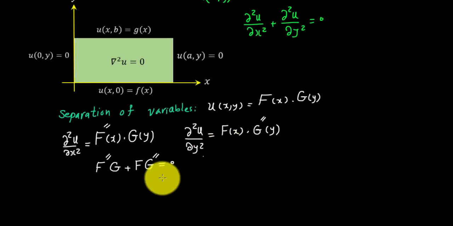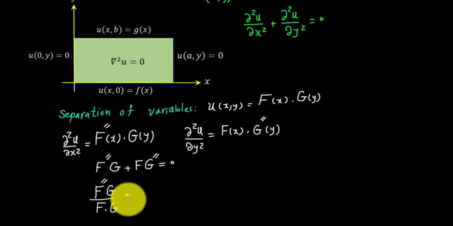Then we could divide left and right by f times g. If we divide left by f times g, we will have f double prime g over f times g plus f times g double prime over f times g equal to 0.